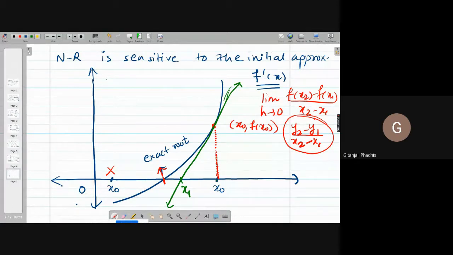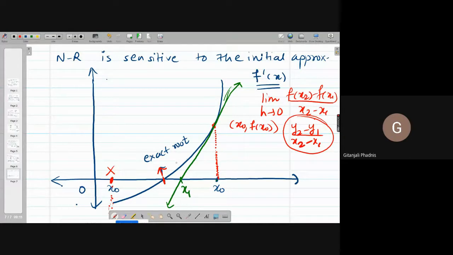So tell me, if my initial approximation is here, x naught, can you draw a tangent to this curve from this point? Can you draw a tangent here? Right now, no. Yes or no? Yes, ma'am.